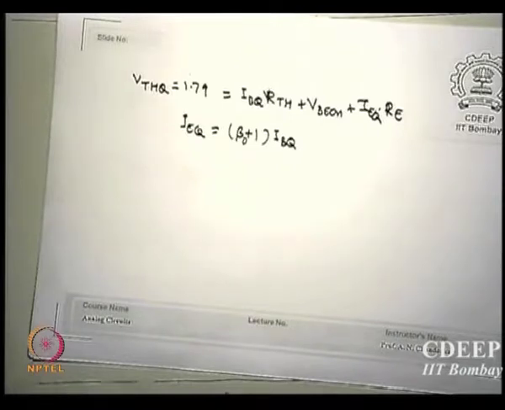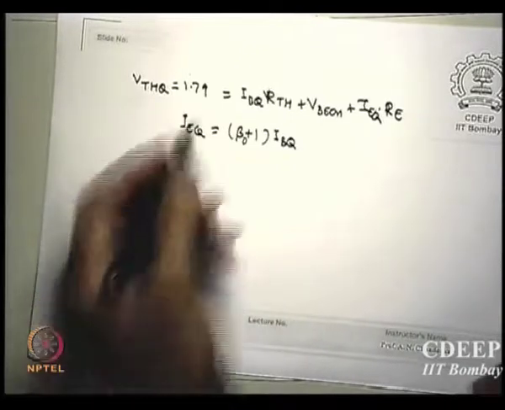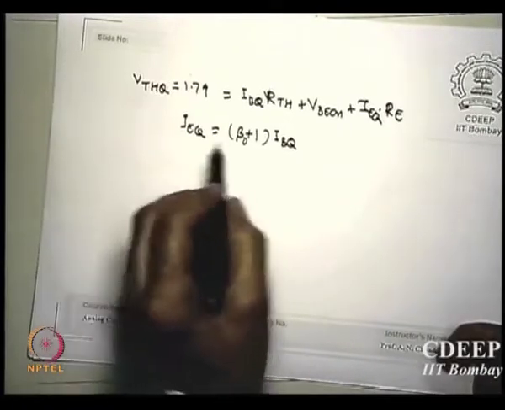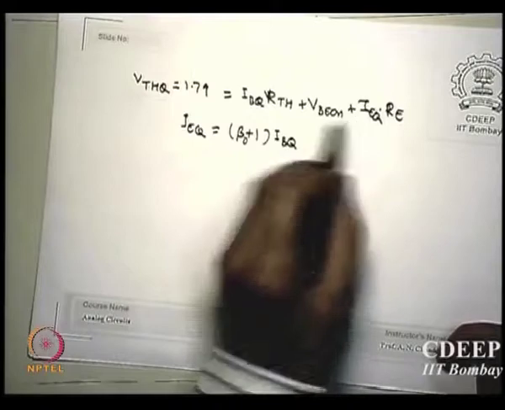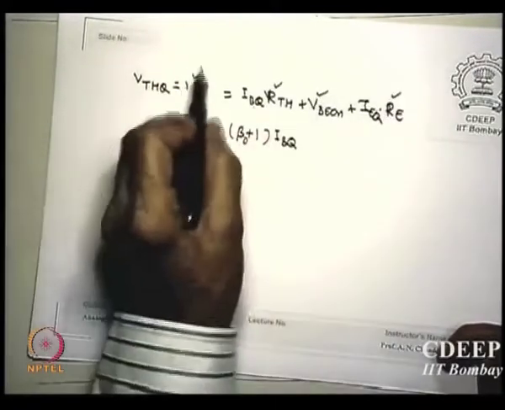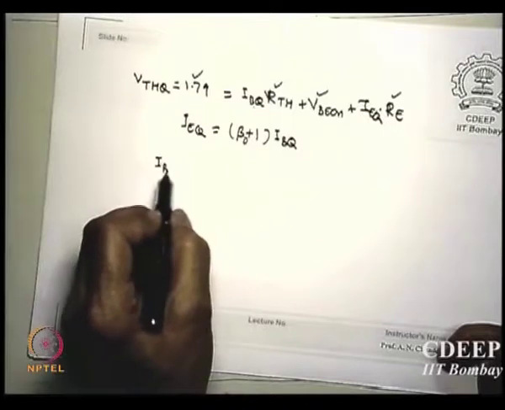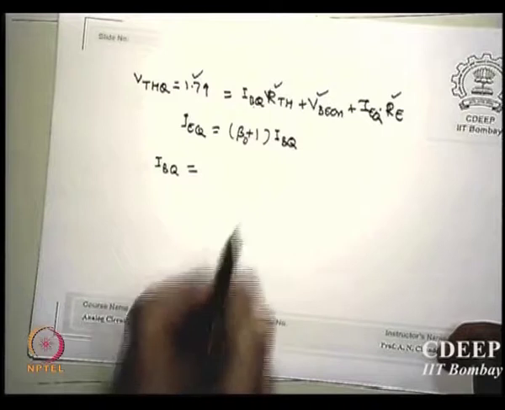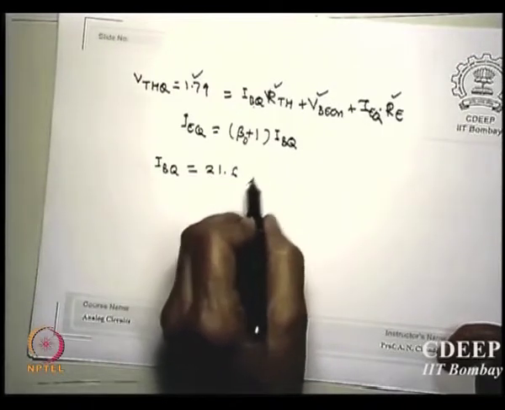Now using this equation, I have evaluated IBQ. So substitute IEQ by IBQ times beta plus 1 here, RTH I know, this I know, this I know. So I calculate IBQ as 21.6 microamps.